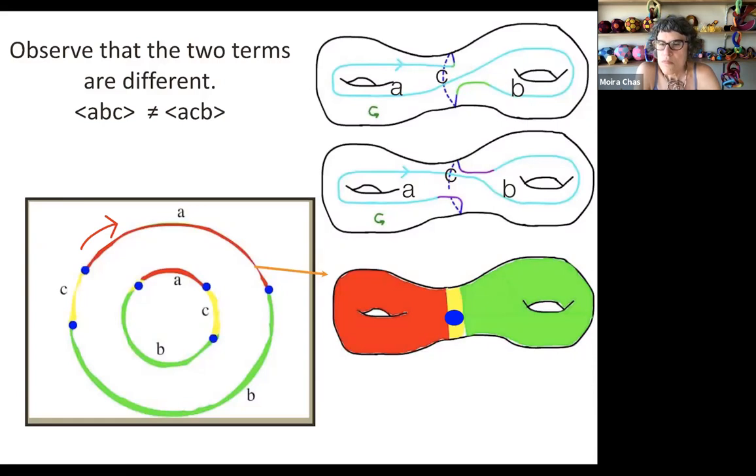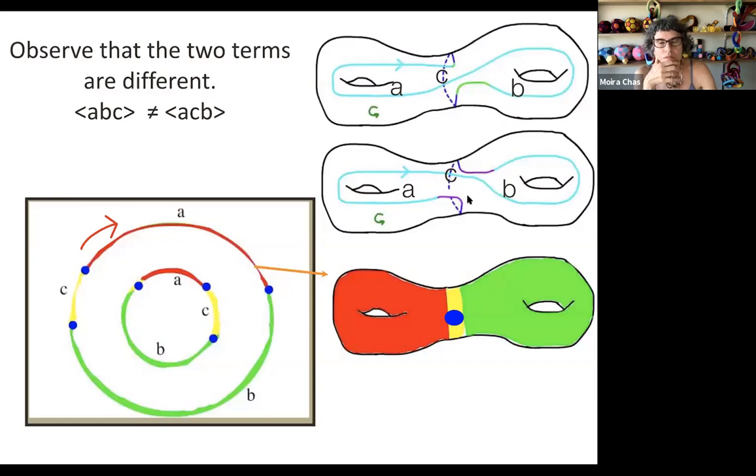If you took the Goldman product of those two curves in the top right, would it be a contractible loop, the trivial thing?